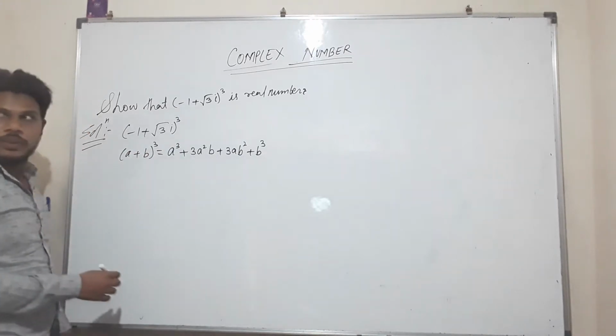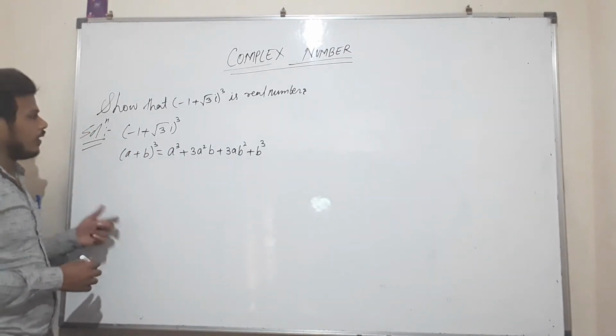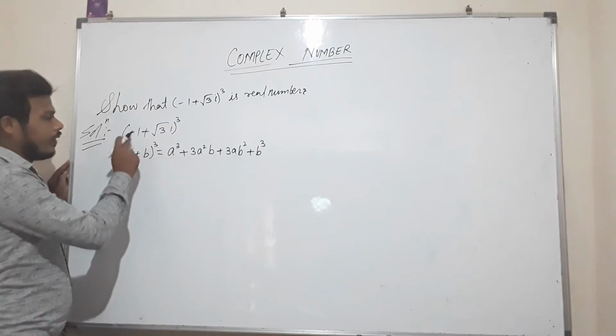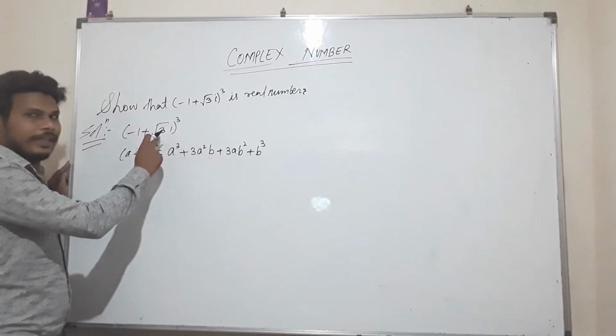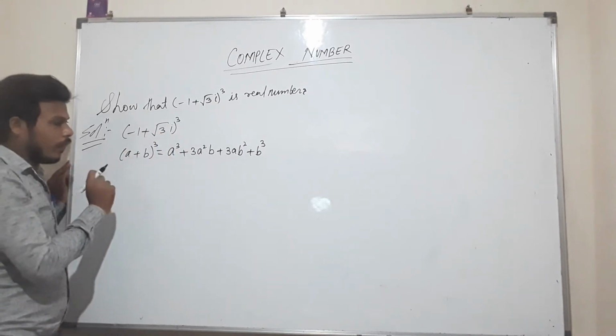Okay, so what is the value of a? The value of a is -1 and the value of b is √3 i.